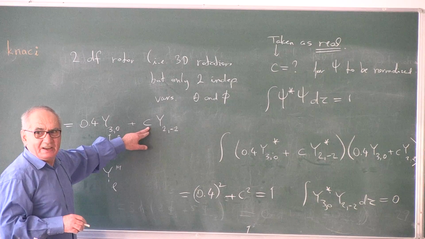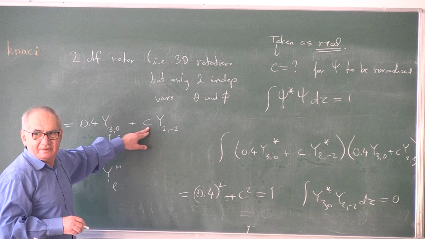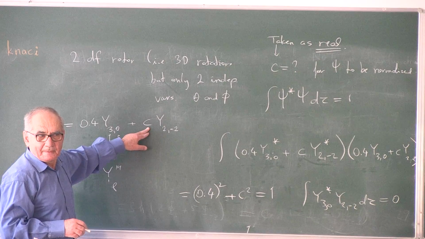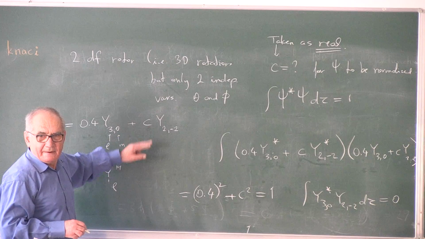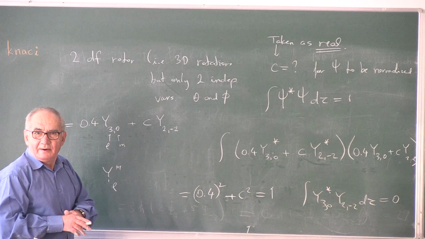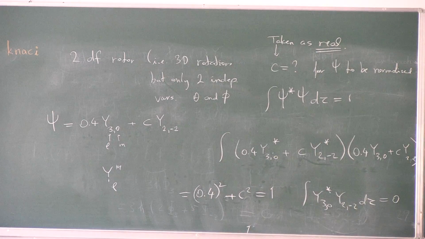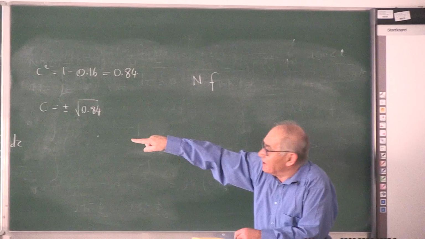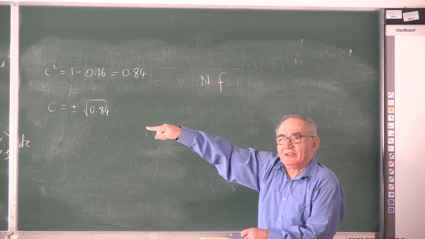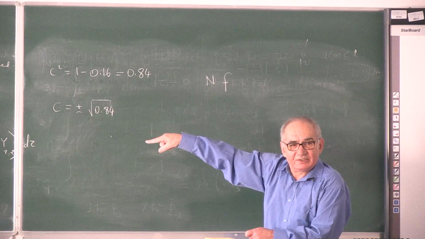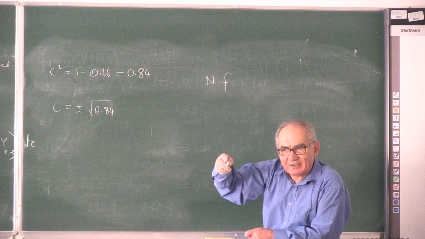Can you consider this c as a normalization constant? No, because a normalization constant multiplies everything. But that c is multiplying just one term in the linear combination of the expression there. C is not a normalization constant, it's a coefficient.